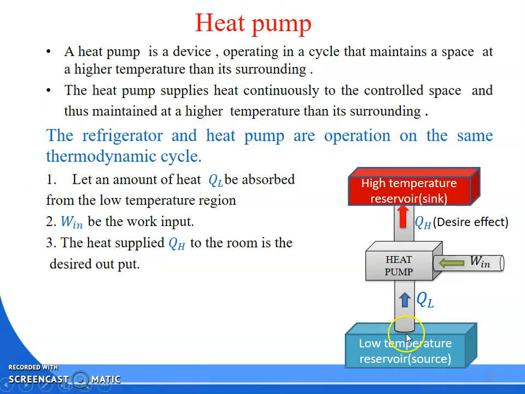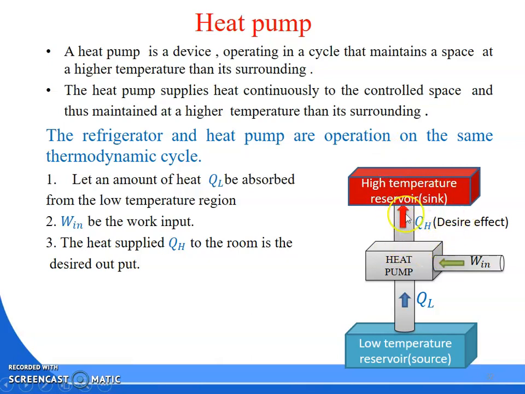So what does a heat pump do? It extracts heat from the source, the low temperature surroundings. Some work input should be given so that heat is transferred from low to high temperature, and QH amount of heat is rejected to the high temperature. What is our aim?